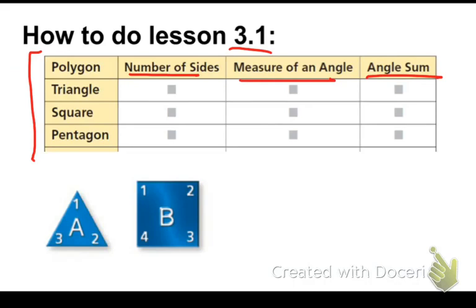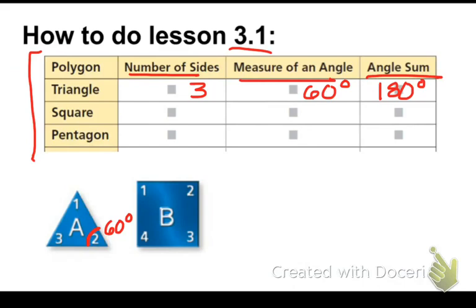The triangle here has a number of sides. It has 3. And if I use my protractor, I'll discover that this is 60 degrees. Because this is what's called a regular polygon, I know that all 3 angles are 60 degrees. And my angle sum has to be 180.